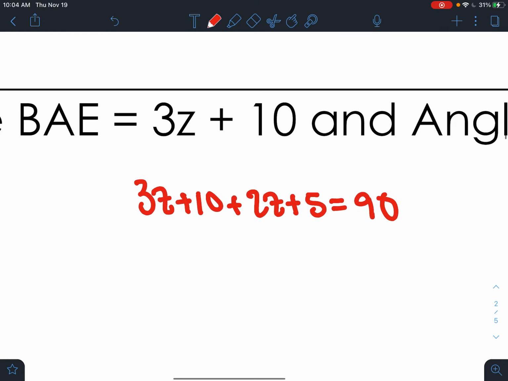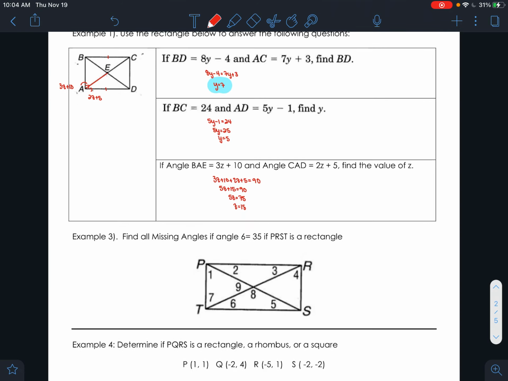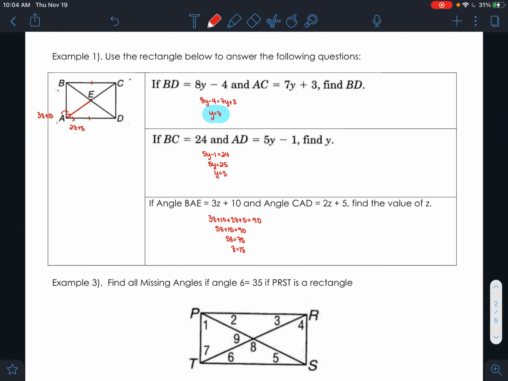Solving, I'm going to get 5z plus 15 is equal to 90. I'm going to get 5z is equal to 75, and then dividing that out, 75 divided by 5 is 15. Okay, so that's what's going on with rectangles.